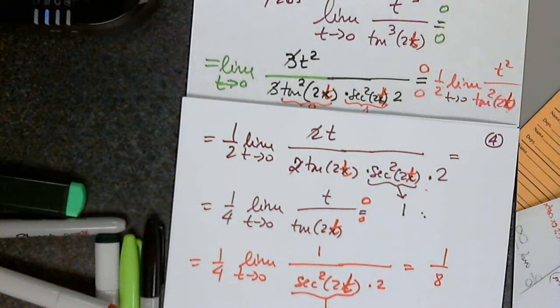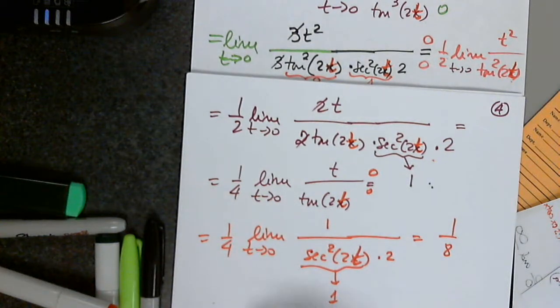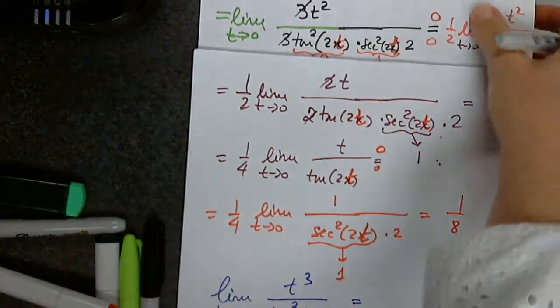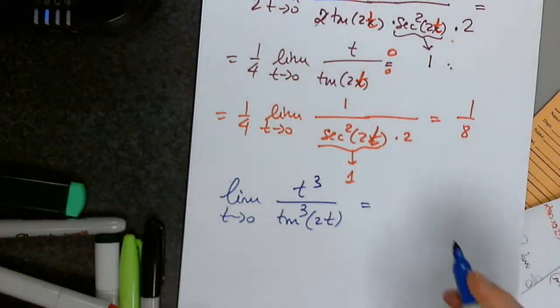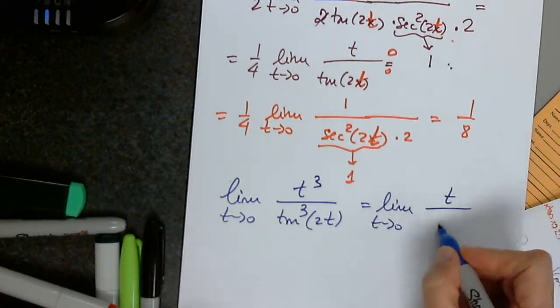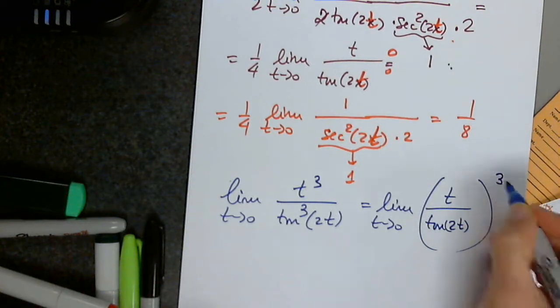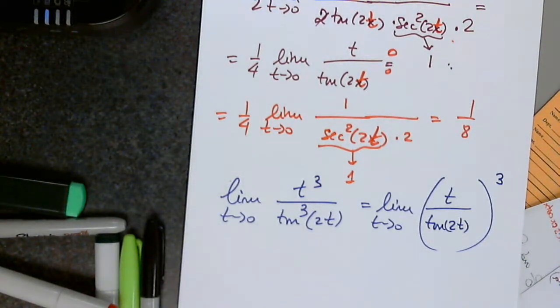Now, let me show you a different way, which I think is much easier for this particular situation. Limit as t approaches 0, t cubed over tangent cubed of 2t. Okay? Here's another way. Tell me if this is okay.